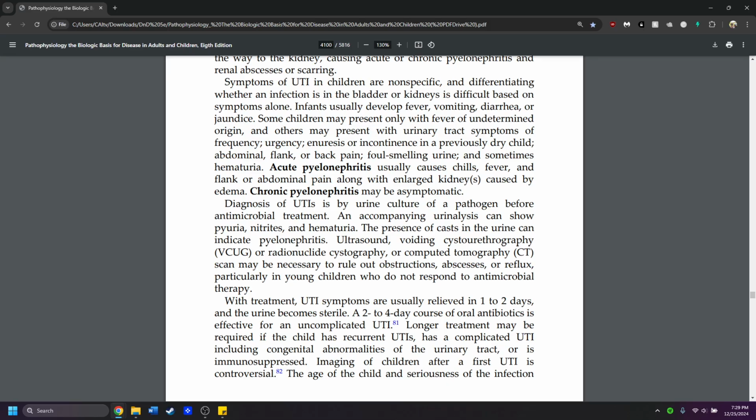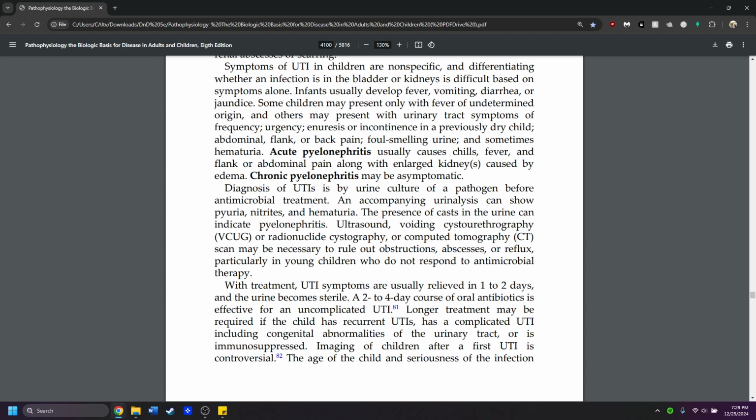Some children may present only with fever of undetermined origin, and others may present with urinary tract symptoms of frequency, urgency, enuresis, or incontinence in a previously dry child, abdominal, flank or back pain, foul-smelling urine, and sometimes hematuria. Acute pyelonephritis usually causes chills, fever, and flank or abdominal pain, along with enlarged kidneys caused by the edema. Chronic pyelonephritis may be asymptomatic.